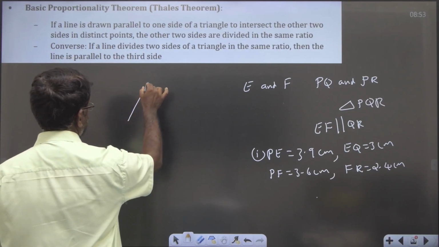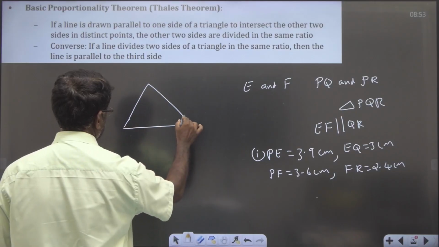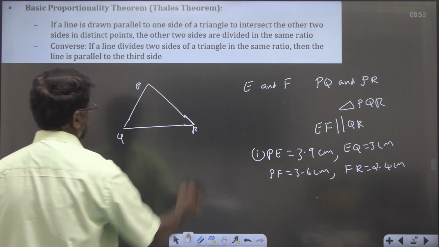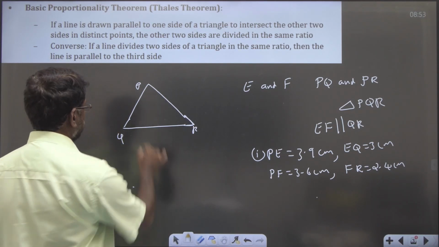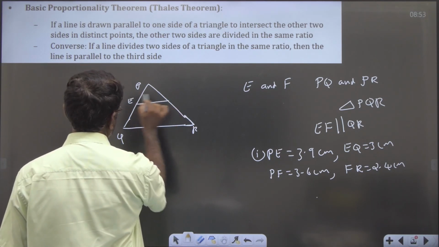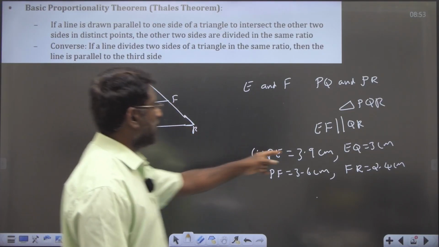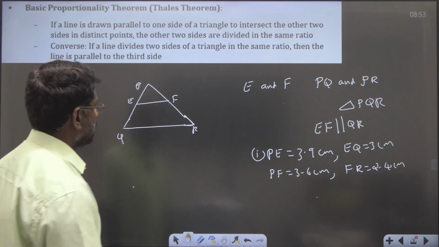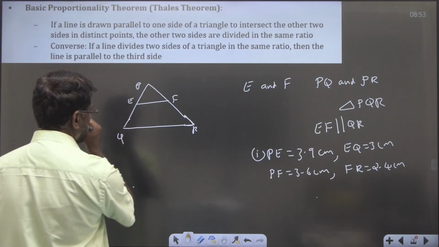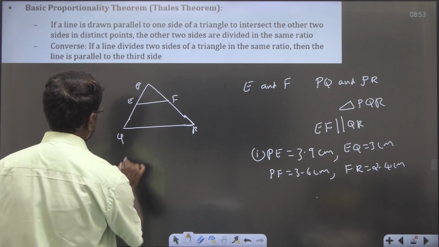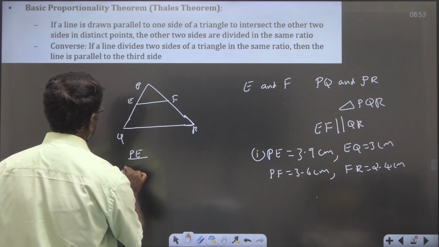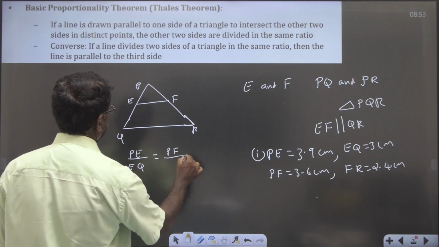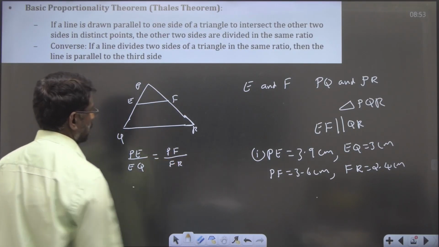So, first you draw a figure. This is triangle PQR. And also EF is parallel to QR, that is given in the question. Here, as per BPT, the basic proportionality theorem, PE divided by EQ is equal to PF divided by FR.